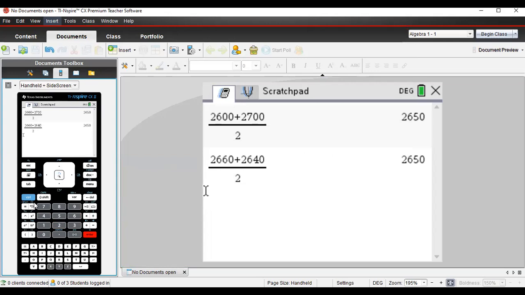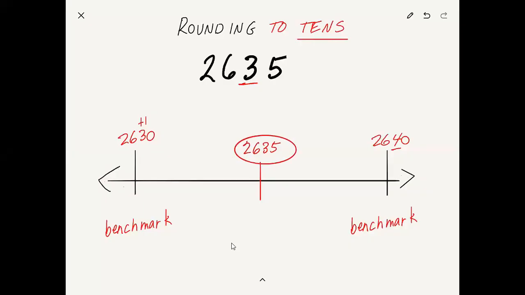Let me try that again. Control divide. We got 2630 plus 2640 divided by 2. Go down. And then you press it, and it's 2635, which is what we have. Sorry about that, guys. Yep. So 2635 is our midpoint.